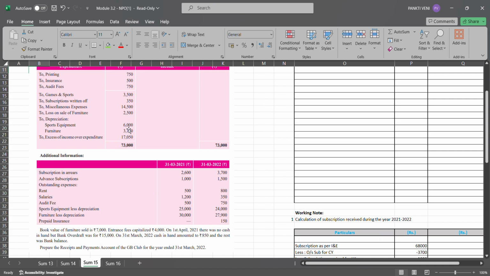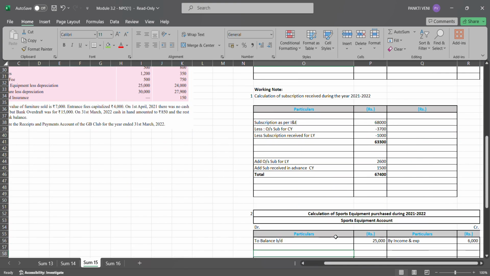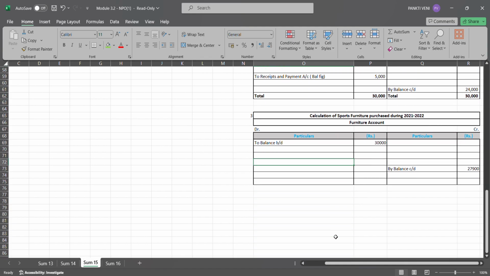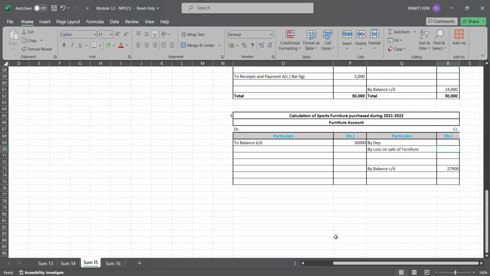Here they have noted it on the expenditure side, on the debit side. So in my working, I'll note it on the credit side, because for receipts and payments I work opposite. So I'll note down by depreciation and by loss on sale of furniture, 3,100.